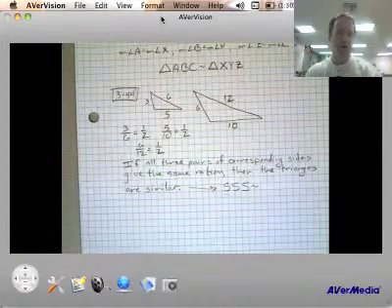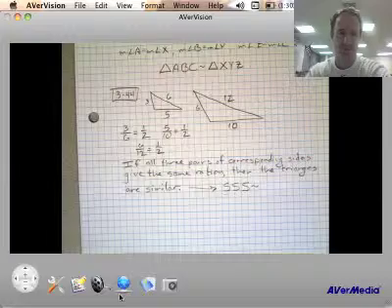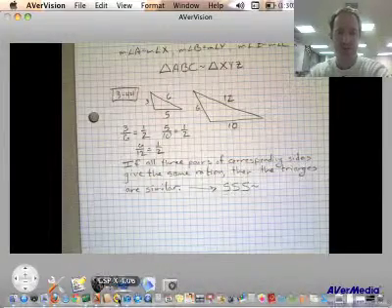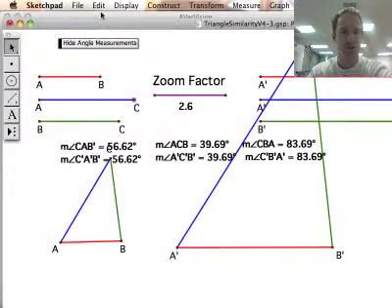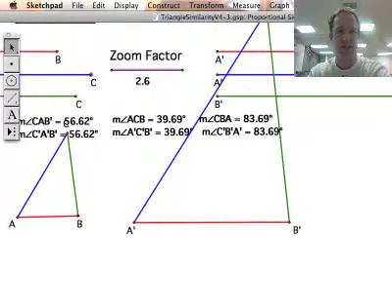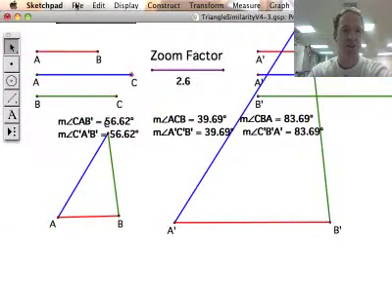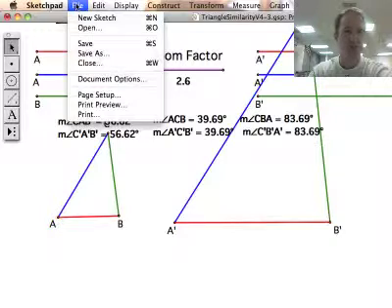But what if we don't know the lengths of any of the sides? What if the only information we have is about the angles? Can we then say that the triangles are similar?